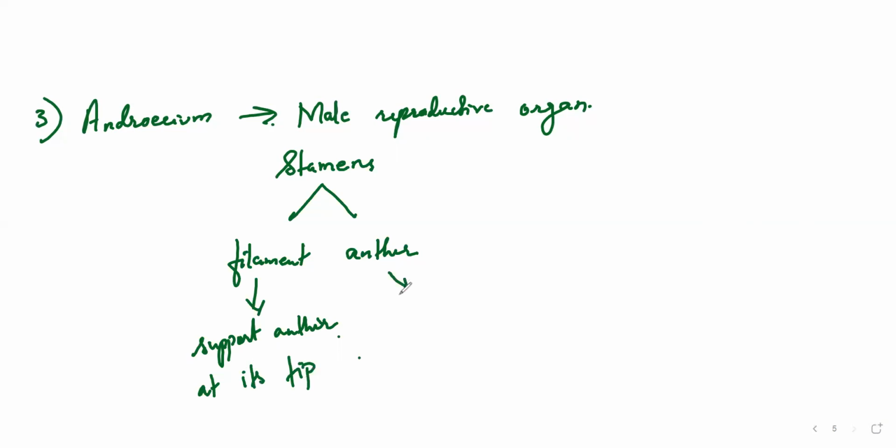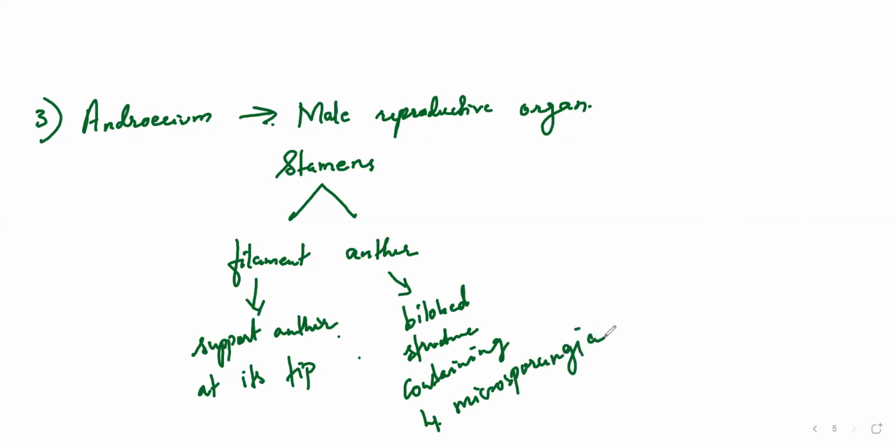Whereas anther is a bilobed structure containing 4 microsporangia.